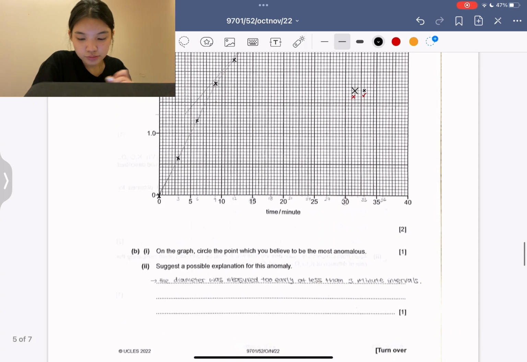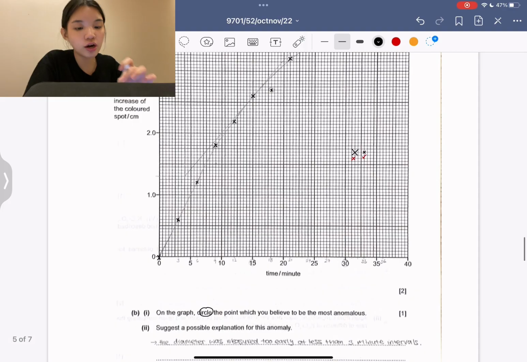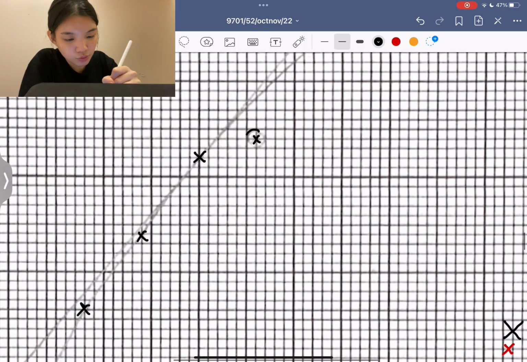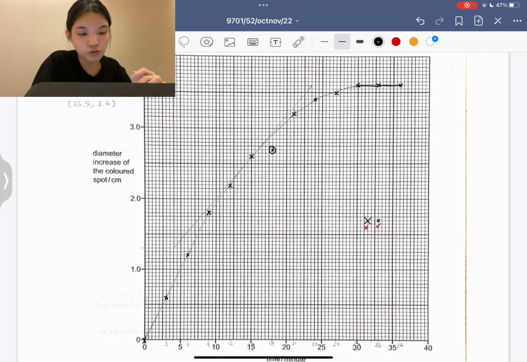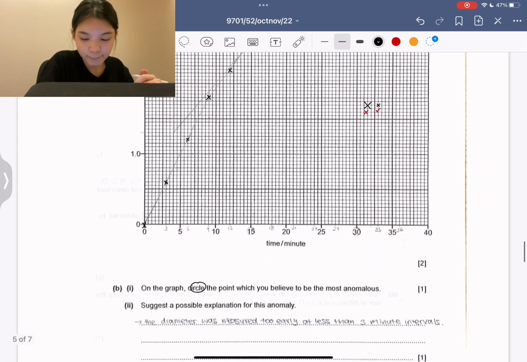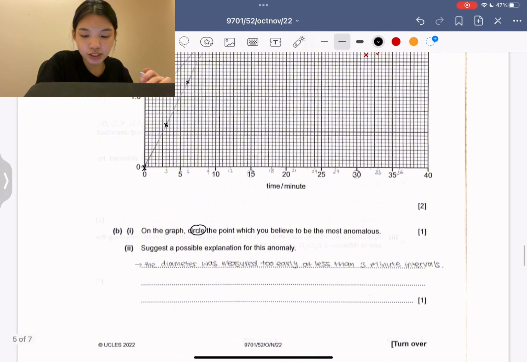Next, B(i). On the graph, circle the point which you believe to be the most anomalous, or the outlier, which is this one. When I was drawing the graph, that one was the most out of line. B(ii) suggests a possible explanation for this anomaly.